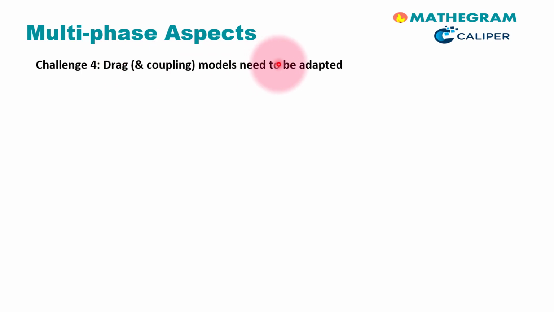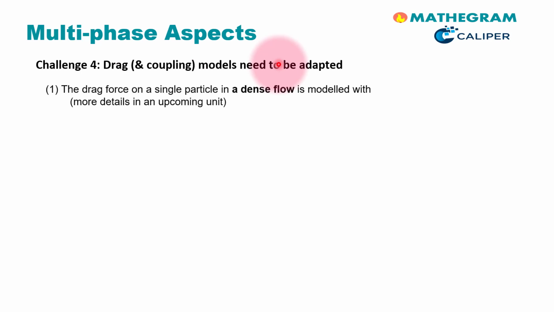To understand this in greater detail, let us first have a look at how the drag force is calculated. Consider a single particle in a dense fluid particle flow. Dense means that the particle volume fraction is between 0.1 and the closed packing limit.